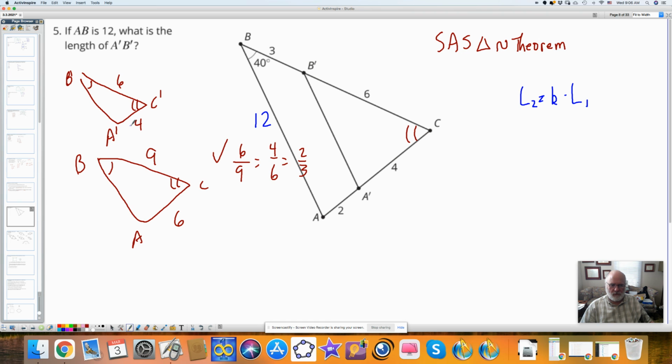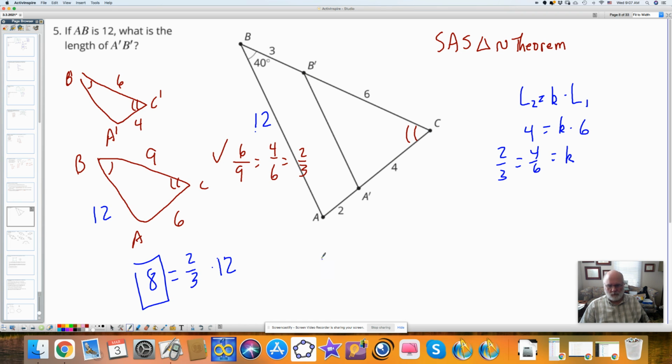If I'm going from 6 to 4, 6 times K is equal to 4. My scale factor is going to be 4/6, which is 2/3. So if I want to know what the large one would become over here, I multiply where I'm starting from, 12, times my scale factor, 2/3, and I get 24/3, which is 8.